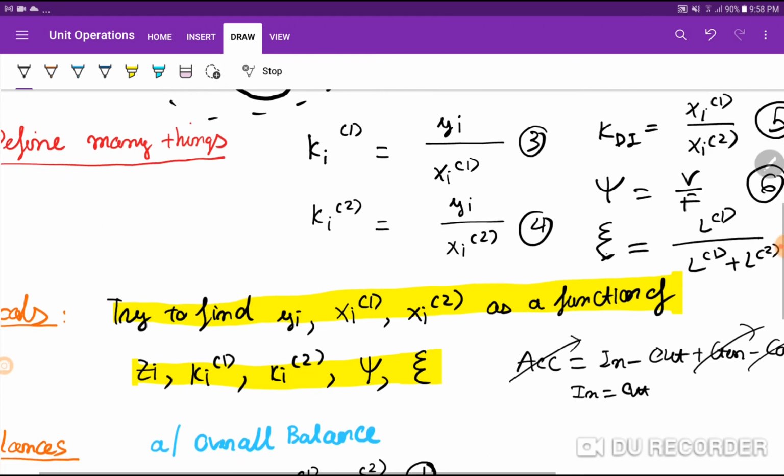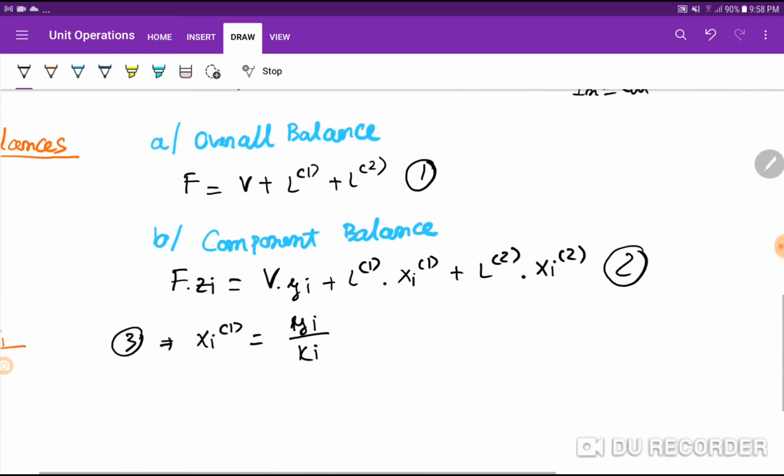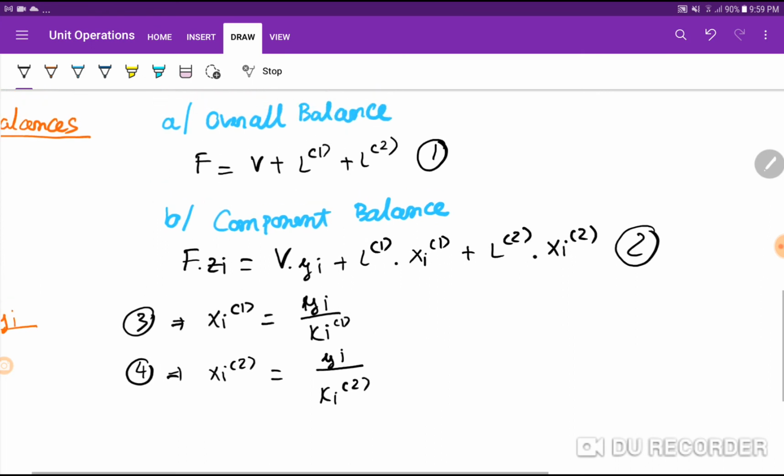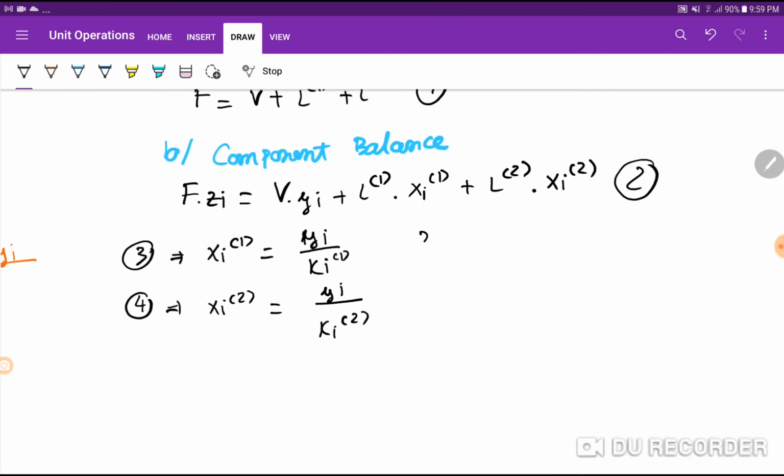And then similarly from 4 you will have xi2 equal yi over Ki2. Okay, now you're gonna plug these into 2. So what do you have?